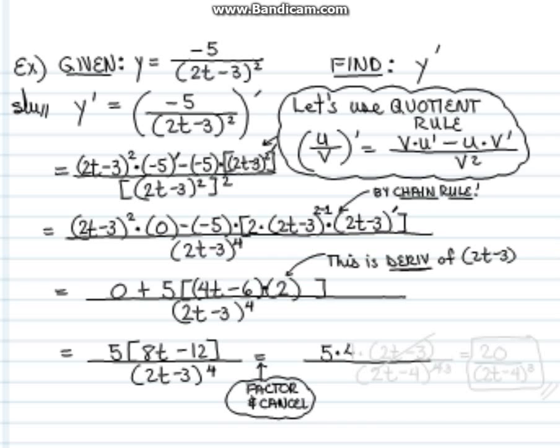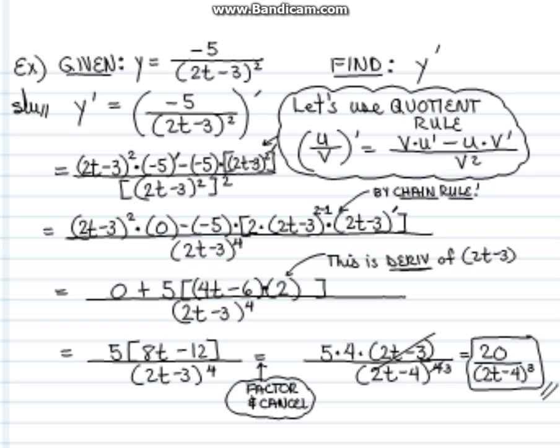So I have 5 times 4 times (2t minus 3) over (2t minus 3) to the fourth. Cancel a factor of 2t minus 3 on the top and the bottom, and we get 20 over (2t minus 3) raised to the third power.